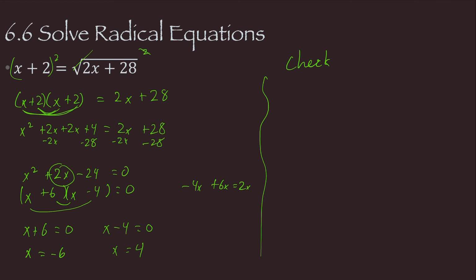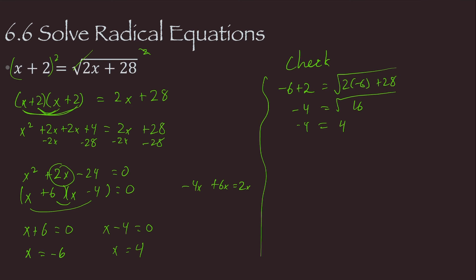So let's check. If I check the negative 6, on the left I get negative 4. On the right, 2 times negative 6 is negative 12 plus 28 is 16.